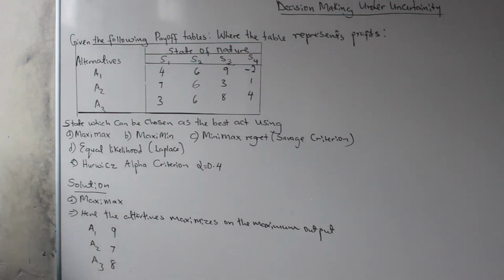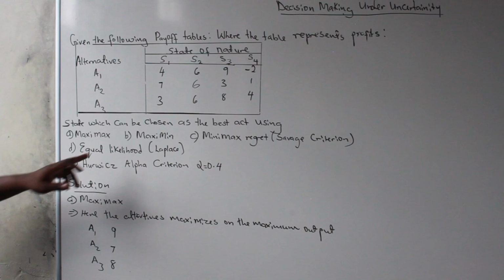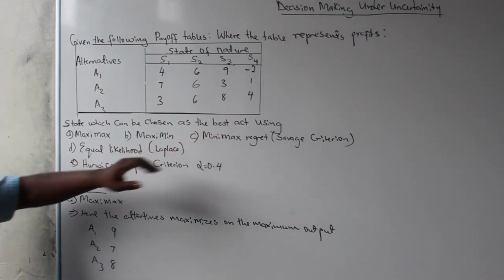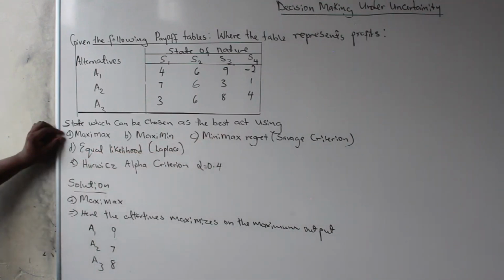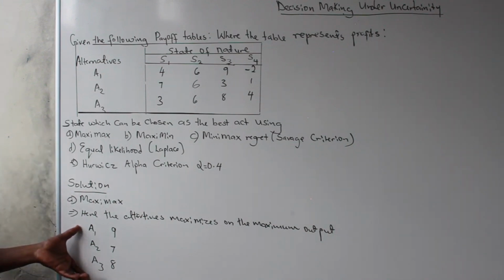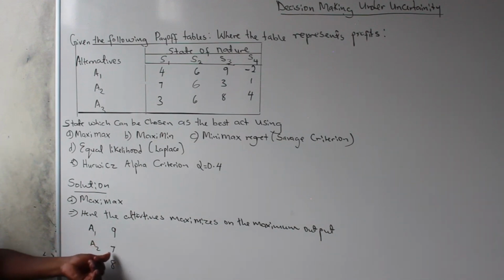Now, the question was which can be chosen as the best act, and here under A we are using the maximax. So we have chosen the maximum values under all the alternatives: A1 is 9, A2 is 7, and A3 is 8.